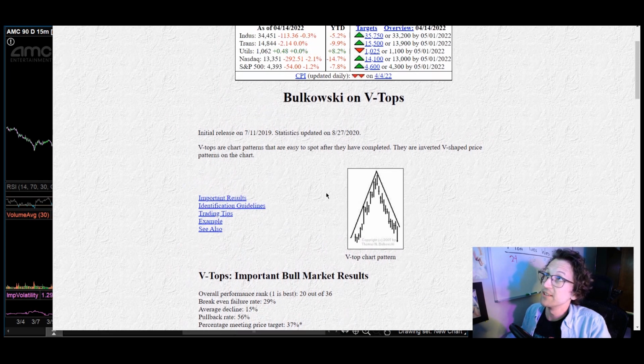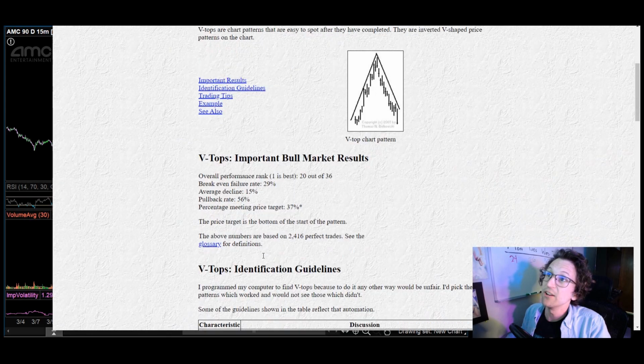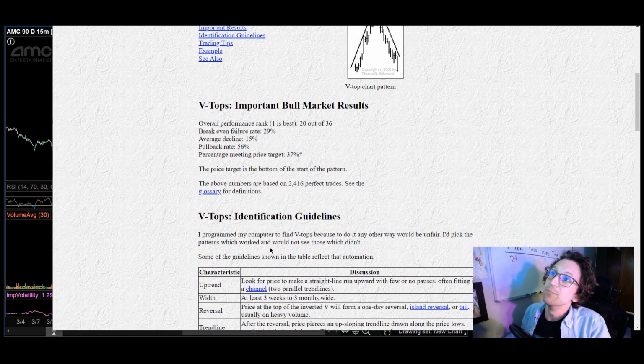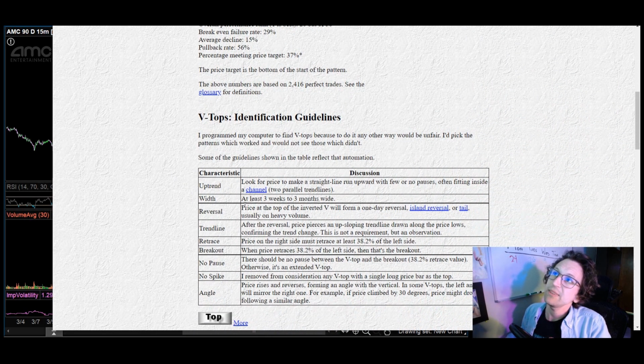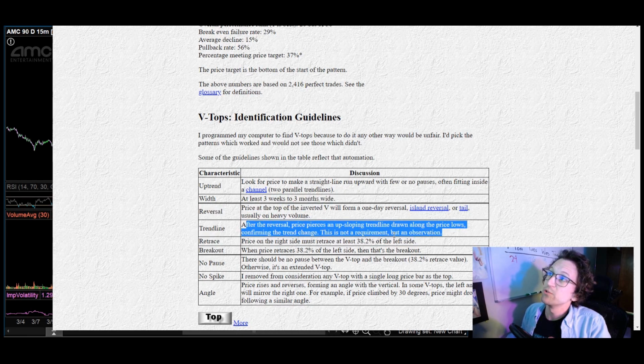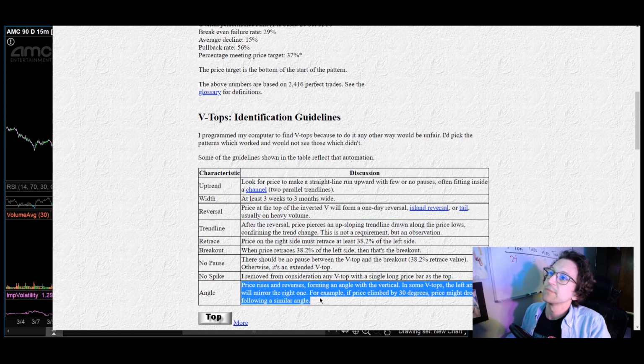Here's a pattern that doesn't have any consolidation in it at all, right? The price just moves. So he says, the trend line, after the reversal, price pierces an upsloping trend line drawn along the price lows, confirming the trend change. This is not a requirement, but an observation. Okay, that's one thing. Let's see here. Sometimes you get a mirrored effect.